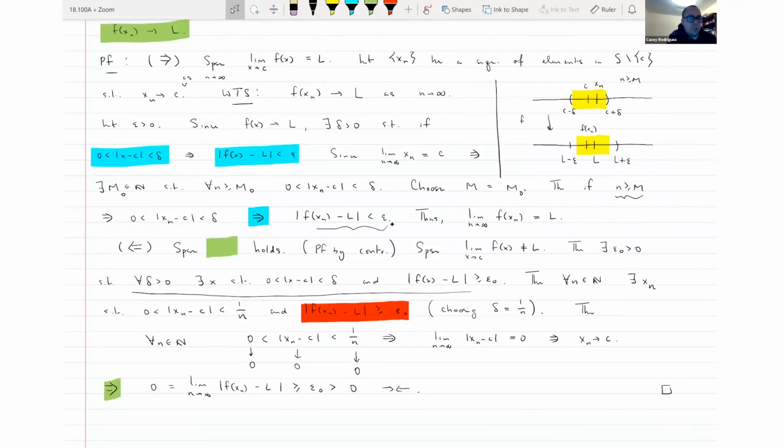But throughout the course, at least in the proofs I presented, you're making a choice of capital M, right? It's for all epsilon, there exists a capital M, so that means you have to tell me how to choose capital M. And it's the same thing with these epsilon-delta proofs: for all epsilon, there exists a delta.